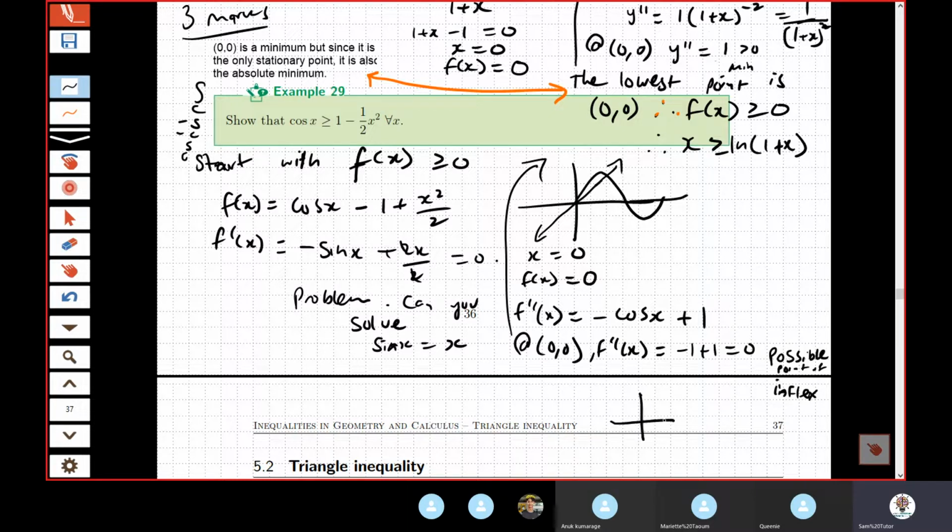What's a point of inflection? Again, think of this graph. That's stationary, that's stationary. Somewhere between them, what needed to happen? It had to move from a sad to a happy. That right there is a point of inflection.